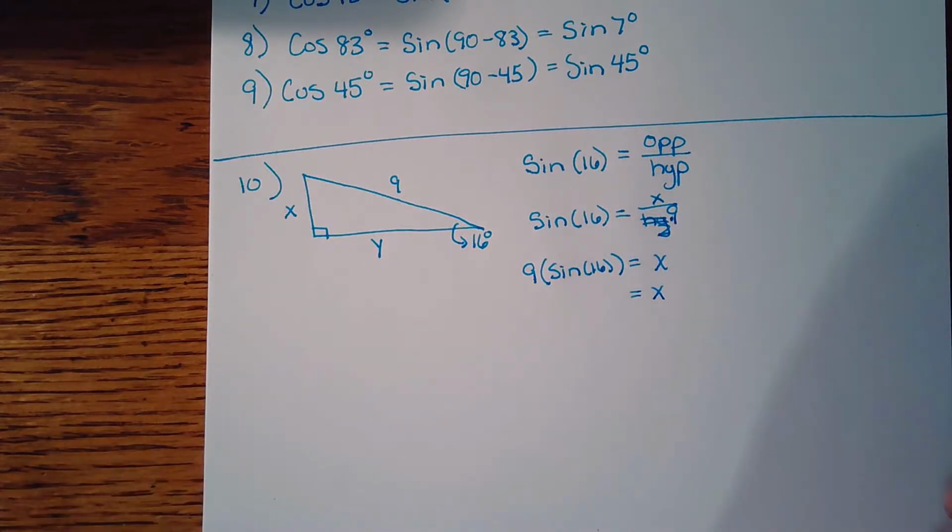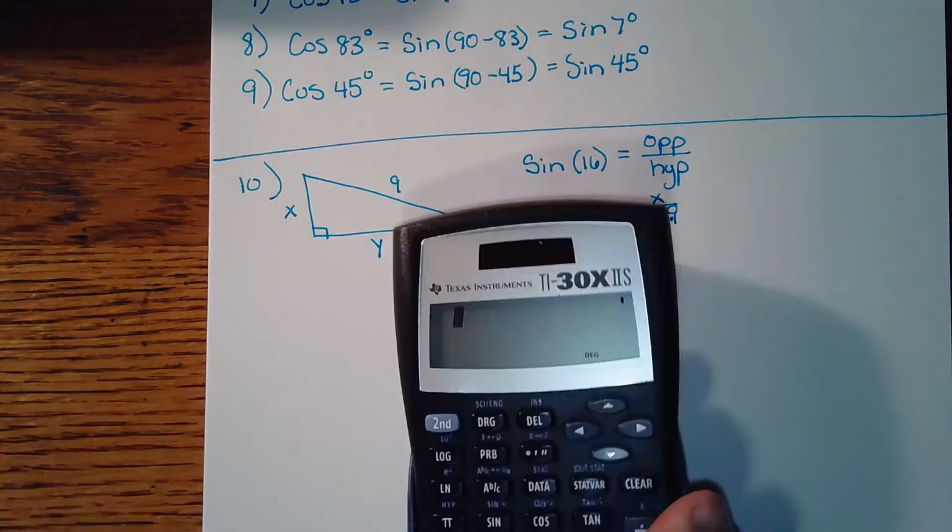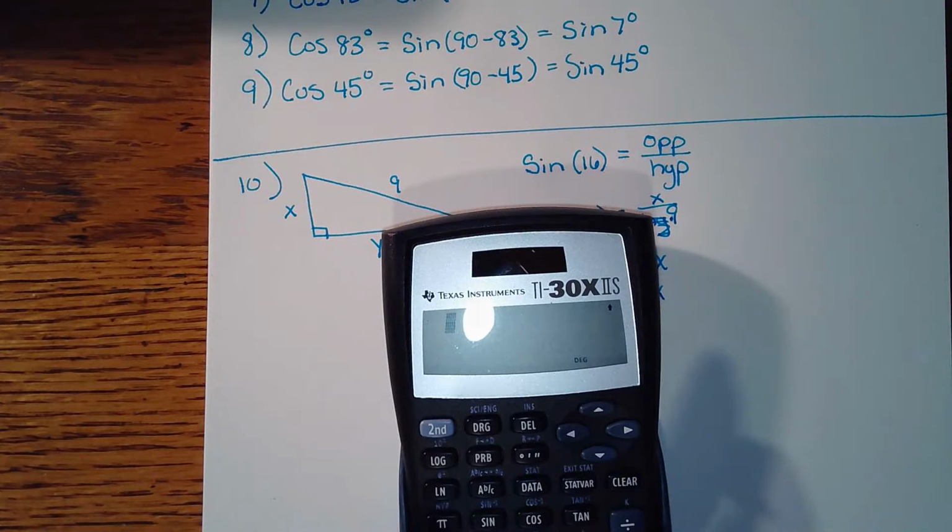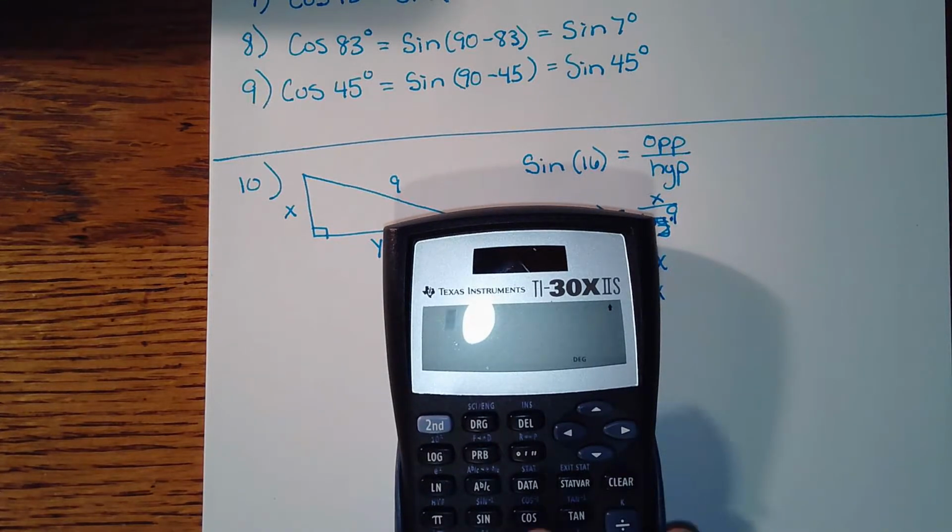Let me show you on the calculator here. Hopefully there's not too much of a glare. So we have sine 16 times 9. We do that, and we get 2.48, which is 2.5.